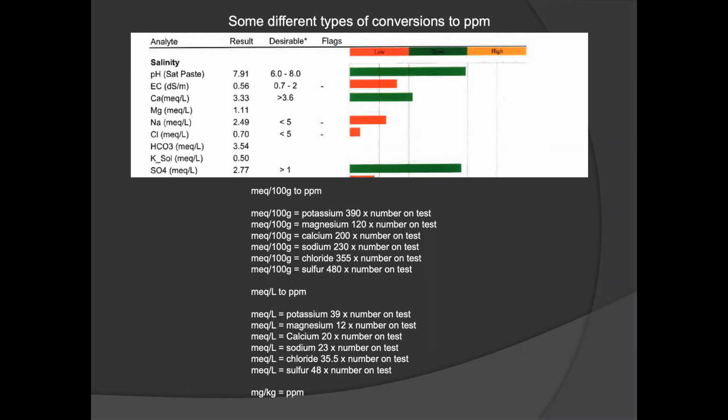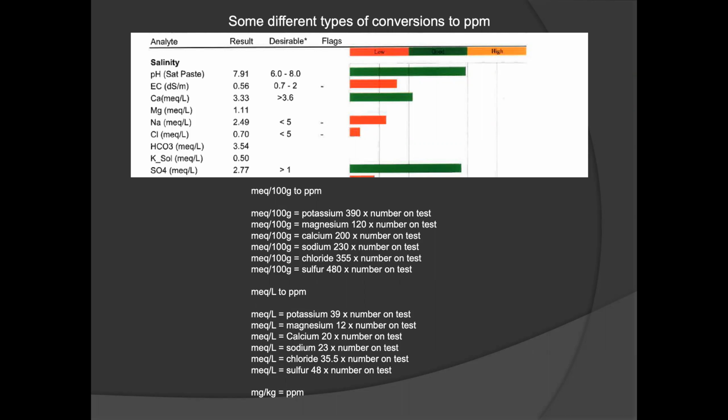And you have 3.33, which is in the good level. But if you actually calculate that out based upon the milli equivalents there down here, it shows a very small amount of calcium that is on there. So that, basically, in my opinion, might not be an adequate amount of calcium in there.